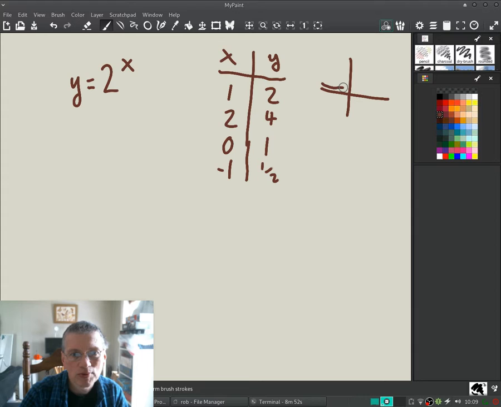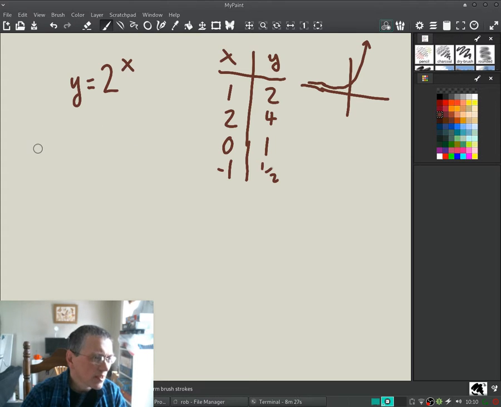It goes through the point 0, 1, and then it just takes off that way. But it approaches the x-axis asymptotically. It's closer and closer, but it never gets there. I mean, you never get any negative numbers out. Well, right, you never get any negative y values.